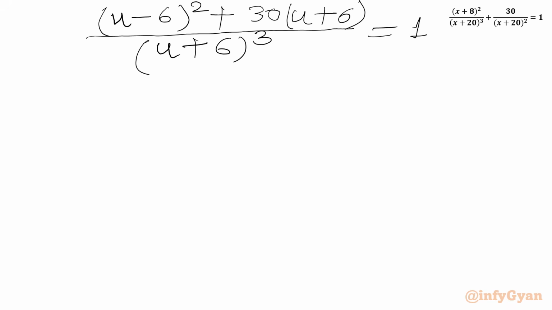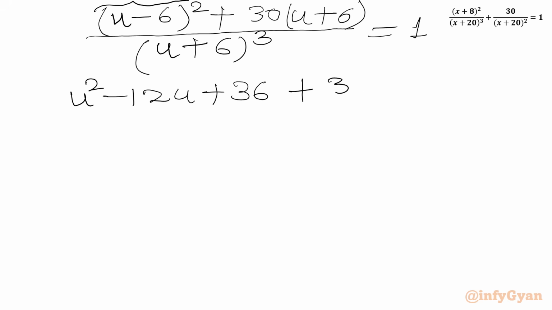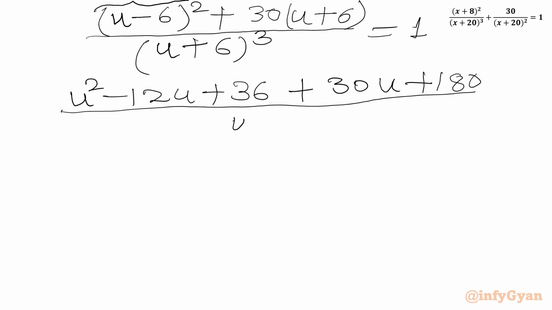Now we have to apply the a minus b whole square formula here. So I can write u square minus 12u plus 6 square, which is 36. Then we have 30 times u plus 6 will be equal to 30u plus 180. And in denominator we will write u plus 6 whole cube. RHS is 1.